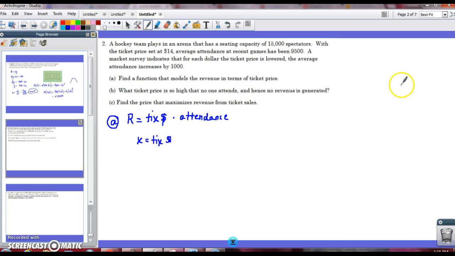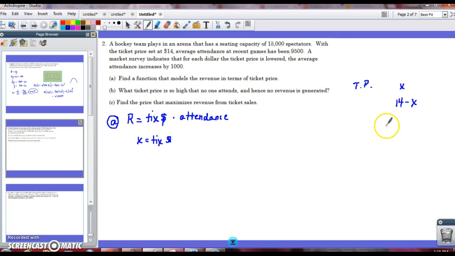Our ticket price is x, right? We know that the ticket price is lowered by a certain amount of money. We just don't know what that is, okay? It just says for each dollar that the ticket price is lowered. So we're going with 14, that's the current price, minus x, okay?